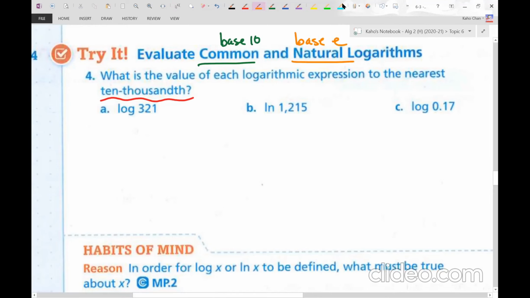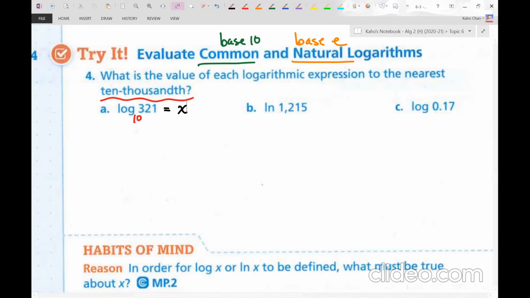You just have to punch in log of 325. That's base 10, by the way. There's a little 10 right there. All right. So what that means, literally, 10 to the power of something equals 325. That's what that means, okay?